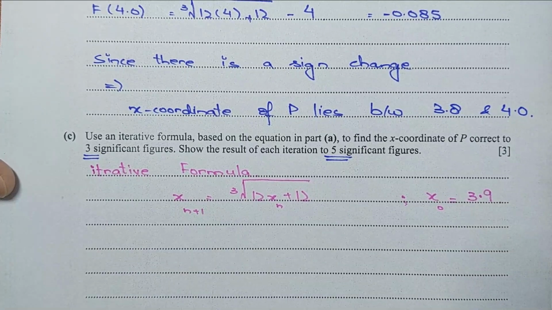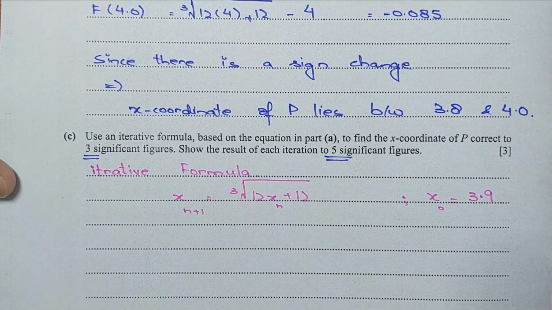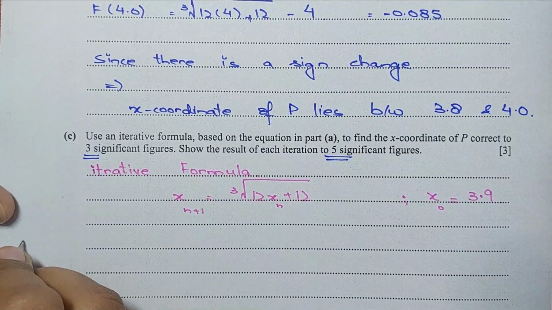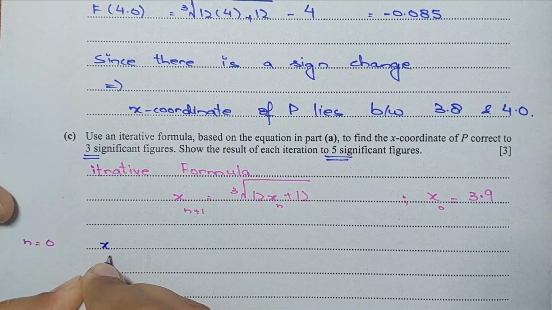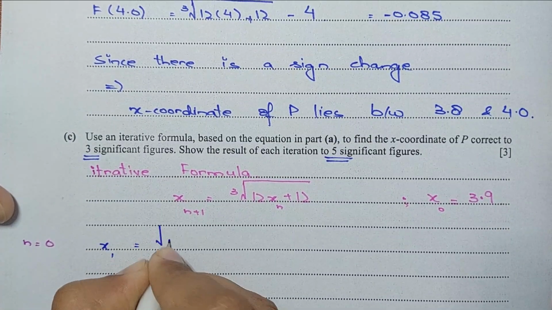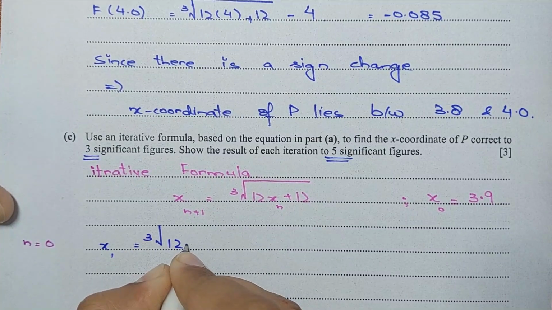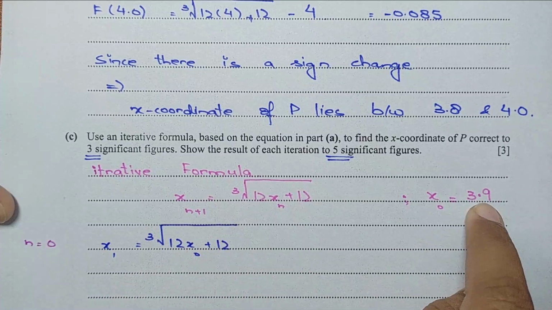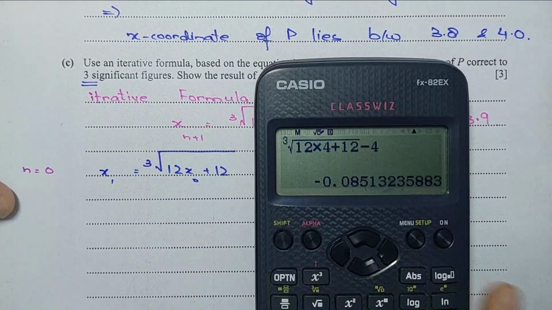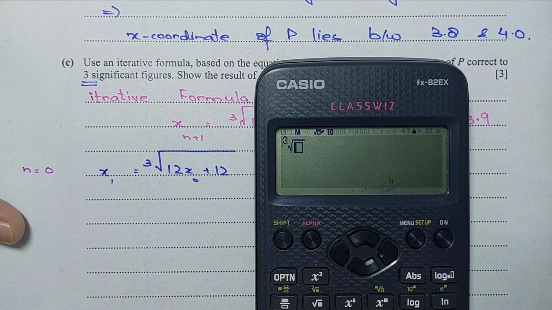We can pick x0 = 3.9. Now start the iterations, n equals 0. We have x1, which is the cube root of 12 x0 + 12, where x0 is 3.9.